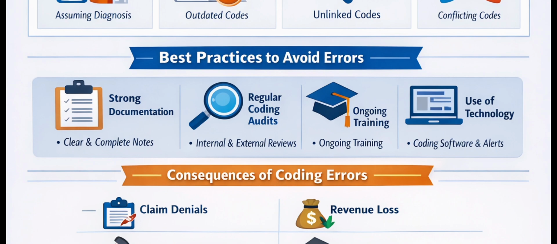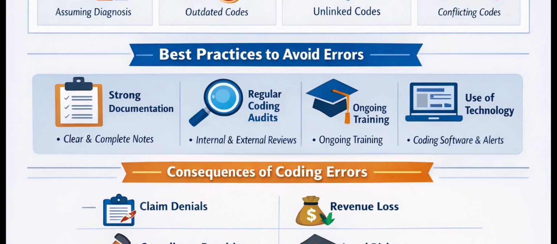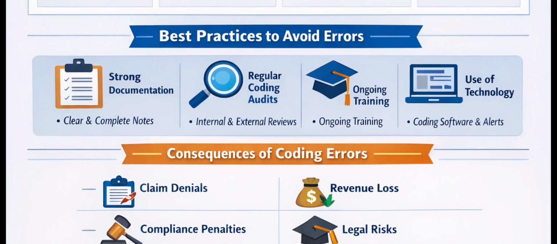Next, regular coding audits, that is internal and external audits and random chart reviews. Next, continuous education, that is annual certification updates and training on new codes and payer rules. Next, ongoing training.